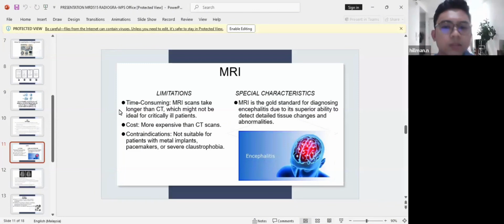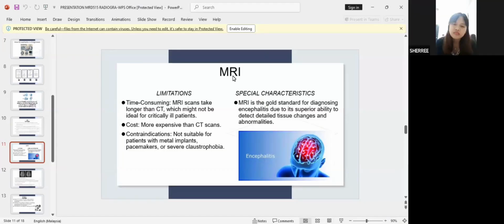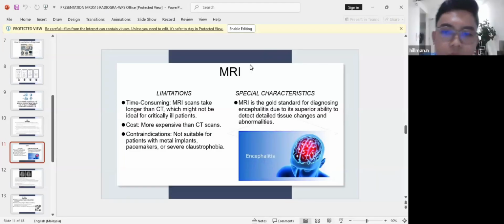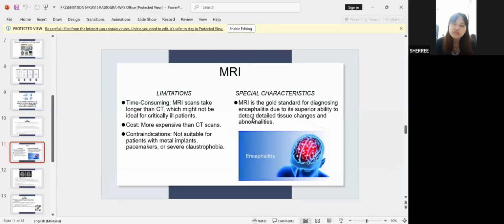Other than that, it is not suitable for patients with metal implants, pacemakers, or severe claustrophobia. Special characteristics: MRI is the gold standard for diagnosing encephalitis due to its superior ability to detect detailed tissue changes and abnormalities.